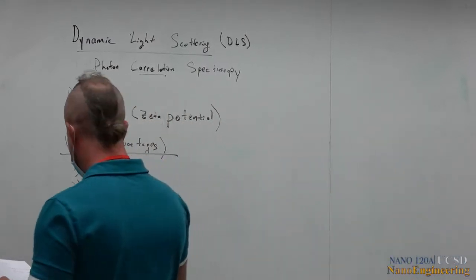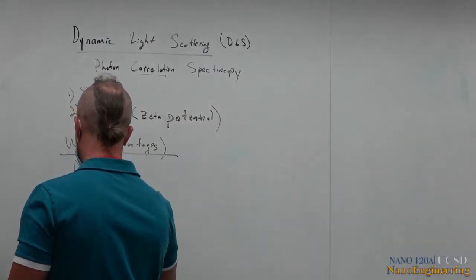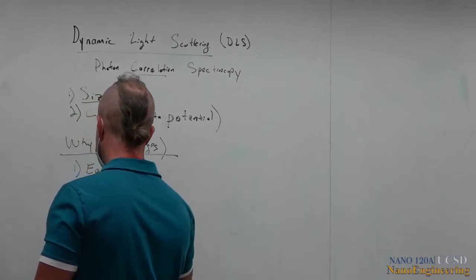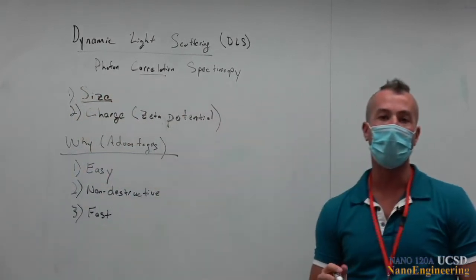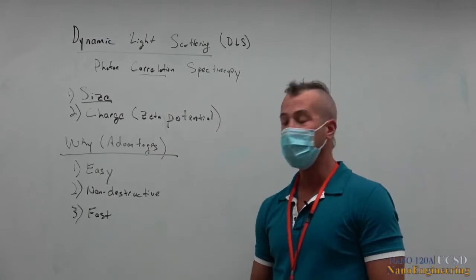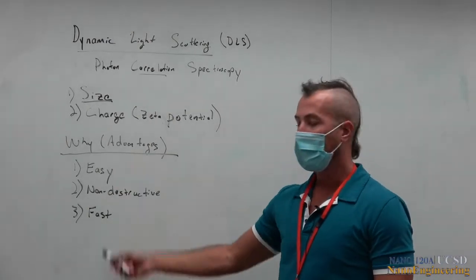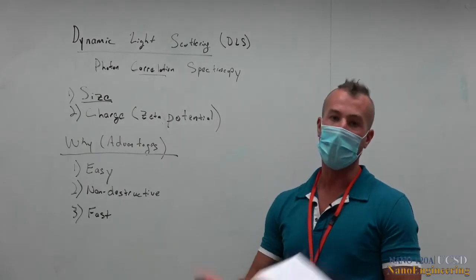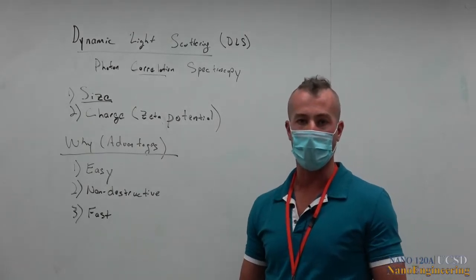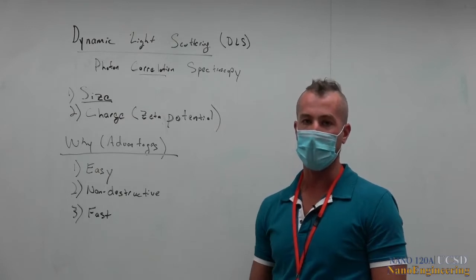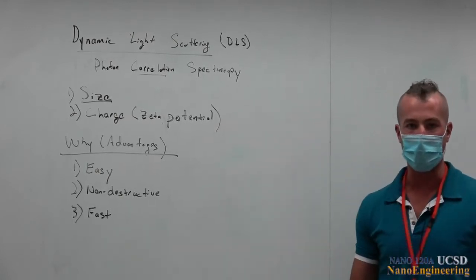The third one is that it's pretty fast, right? So within 3 minutes, you can know with pretty good accuracy the size of your particles and how monodisperse or polydisperse your samples are. And you just can't do that with electron microscopy, right?